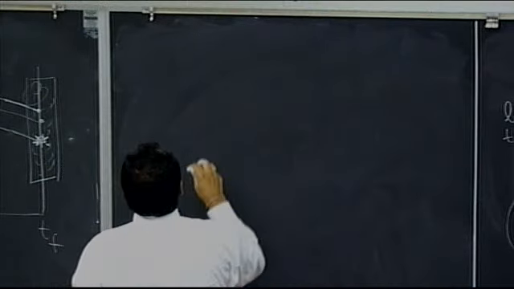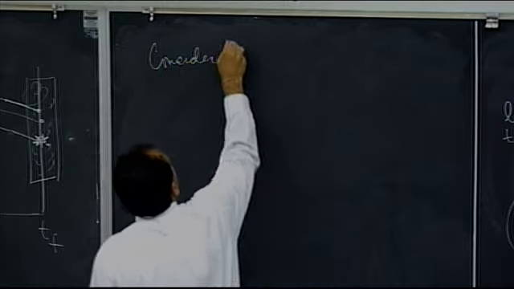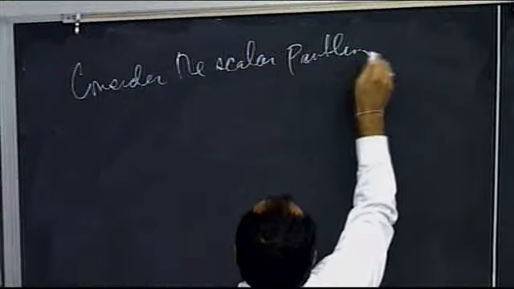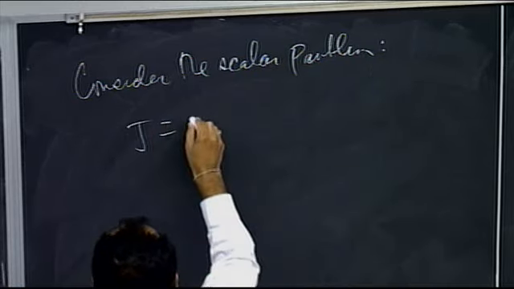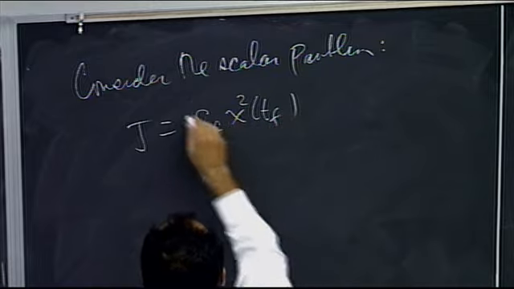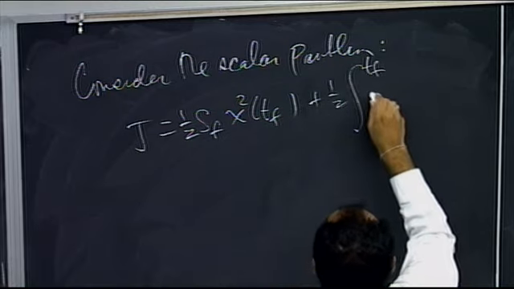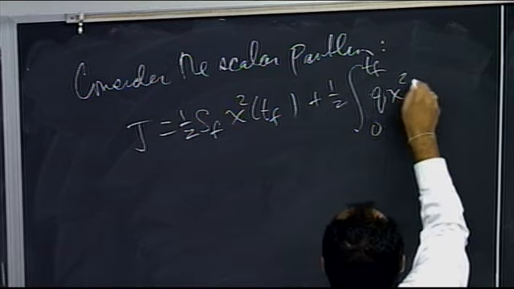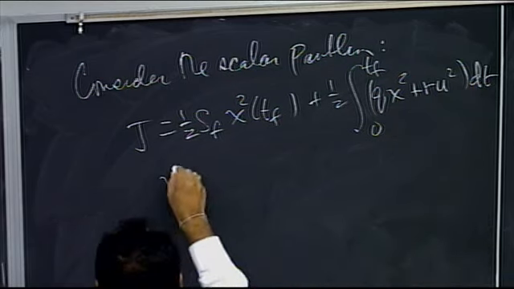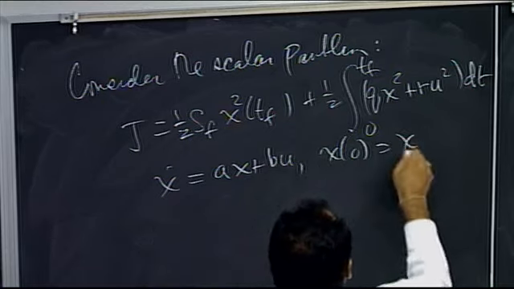Let's suppose that we consider the following scalar problem, which is J equals 1/2 SF times x squared at TF, because everything's a scalar here, plus 1/2 the integral from 0 to TF of qx squared plus ru squared dt, subject to x dot equals ax plus bu with x at 0 equals x0.